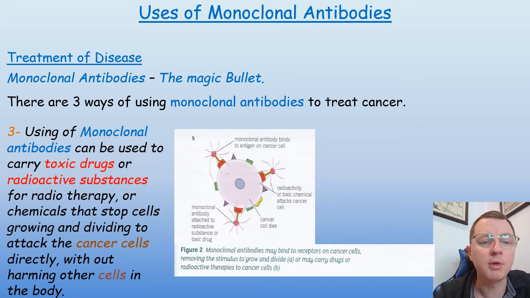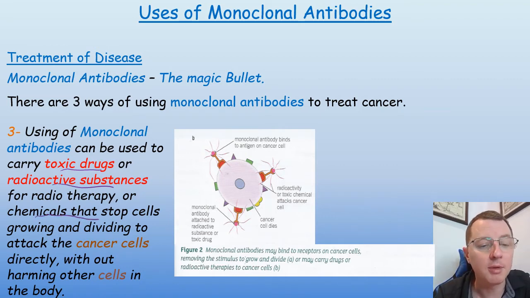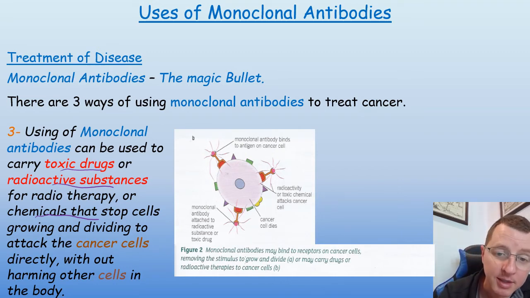The third way we can use monoclonal antibodies to treat cancer is by binding toxic drugs or radioactive substances or chemicals that will stop cancerous cells growing and dividing to the monoclonal antibody, so that the monoclonal antibody will carry these toxic substances directly to the cancer cells without harming any other body cells. And you can see that on the diagram here.